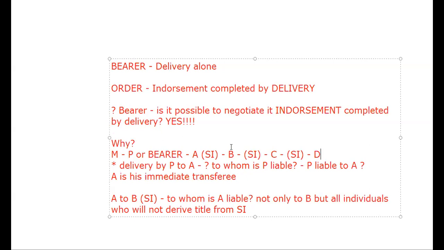Well, the liability of A would stop only when another person will now negotiate the instrument by delivery. So, if D now negotiates the instrument by delivery to E, okay, so dineliver na niya yan kay E, then that's the time that the liability of A will stop.